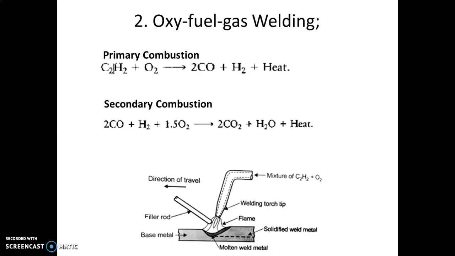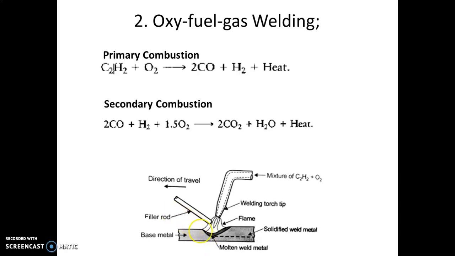This diagram represents oxy-fuel gas welding, in which the base metal which is to be welded is shown above. One tip of the welding torch is represented, through which a mixture of acetylene gas and oxygen is passed through the nozzle tip of the welding torch, which produces a flame at very high temperature.